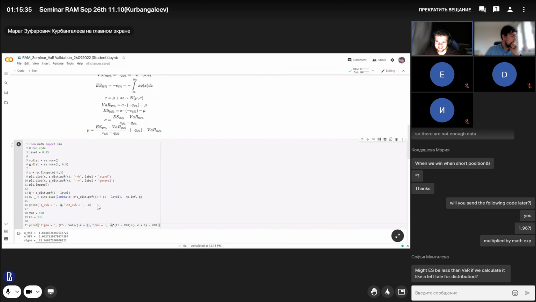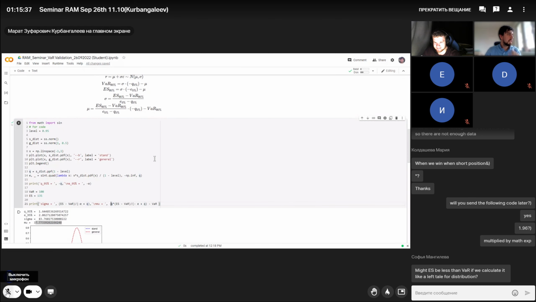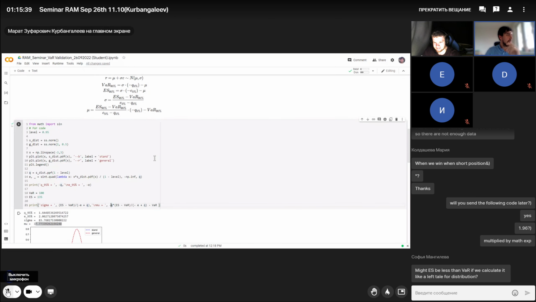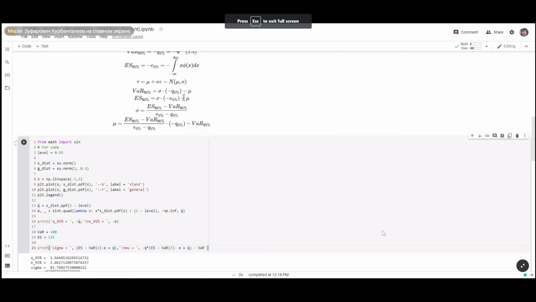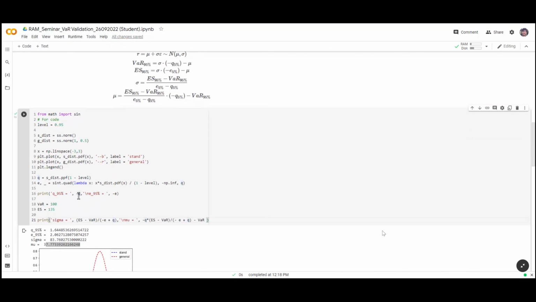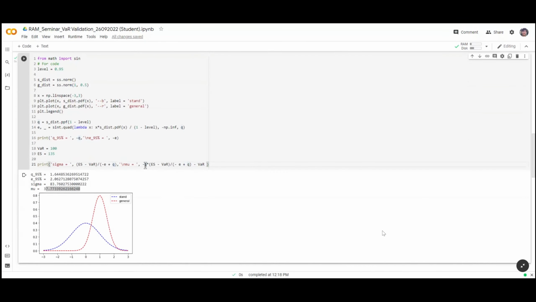No? Let me think. So if it's a positive value, it's rescaled, and I deduct mu, right? And this is a negative value. Yeah, I think you're right. Yeah, absolutely.